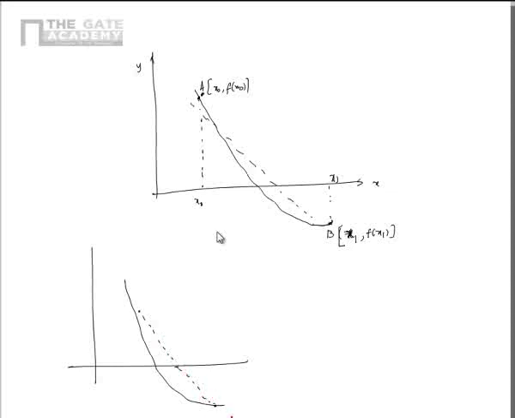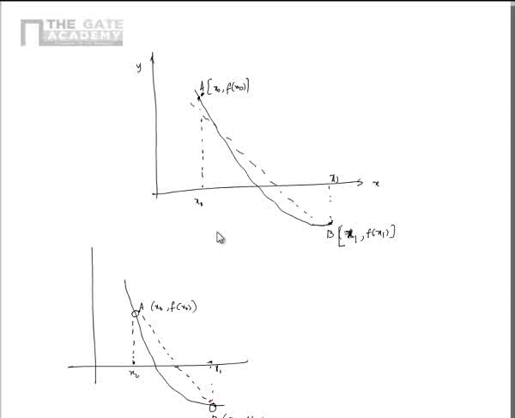Joining these, this is your B, which is x1, f of x1, and this is your A, which is x0, f of x0. So this is point x0 and this is point x1, and the line joining A and B is this way.